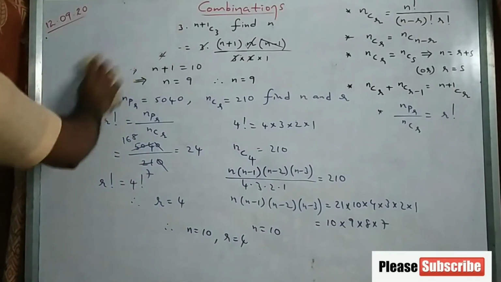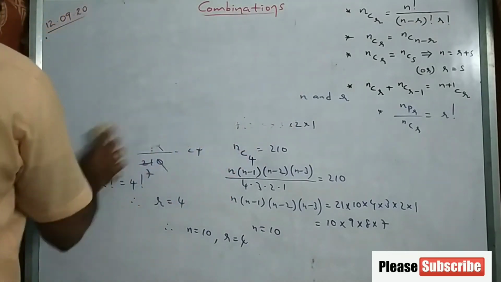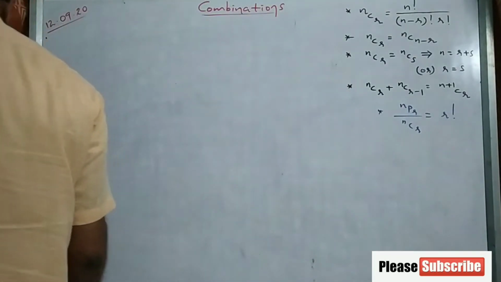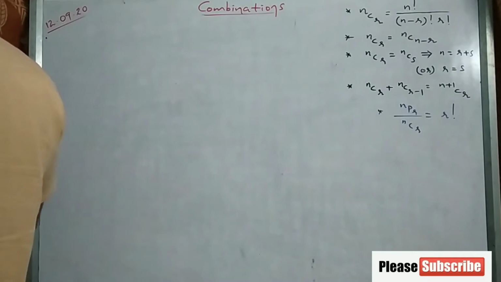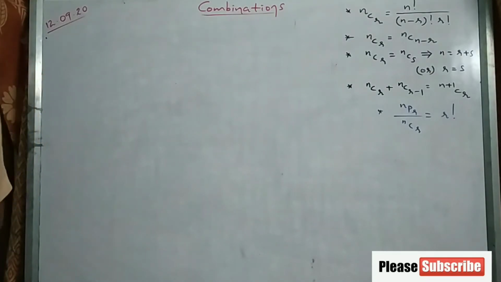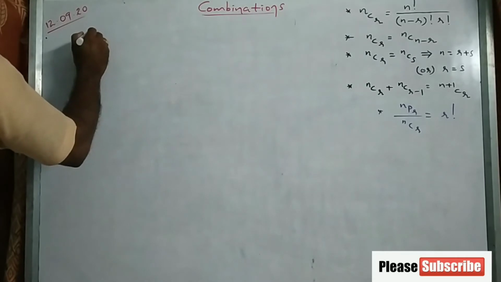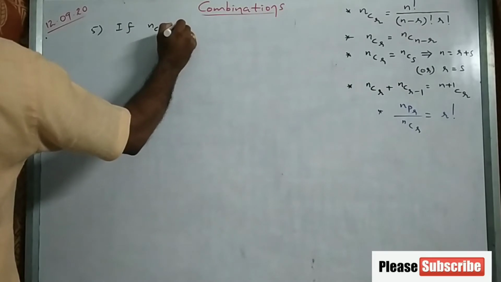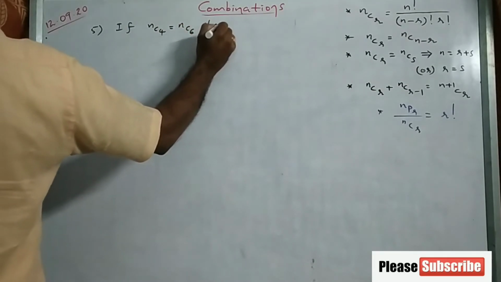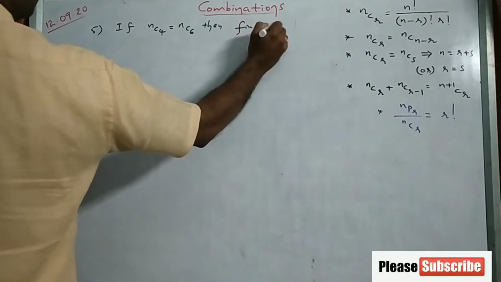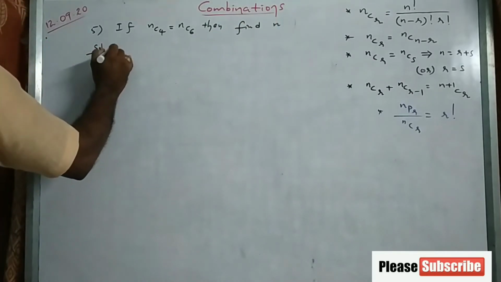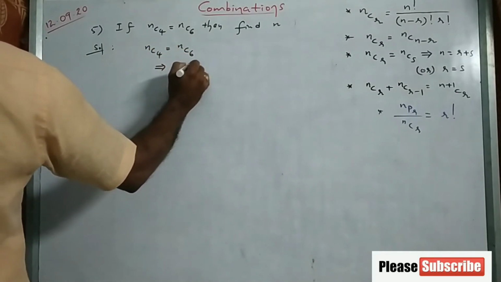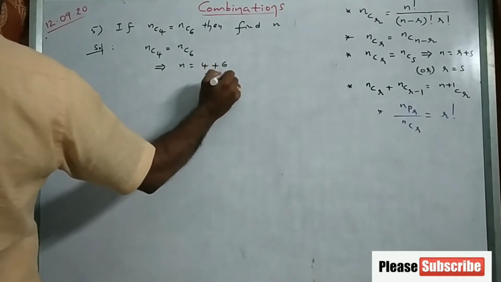Next one, fifth one. If NC4 equals NC6, then find N. NC4 equal to NC6, then N value is 4 plus 6, that is 10.